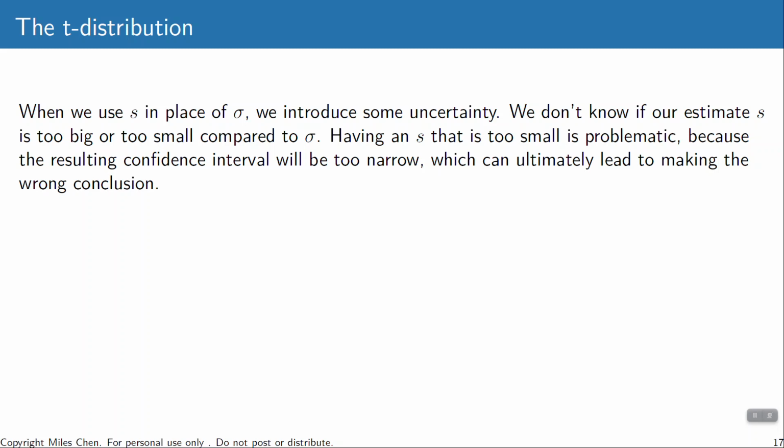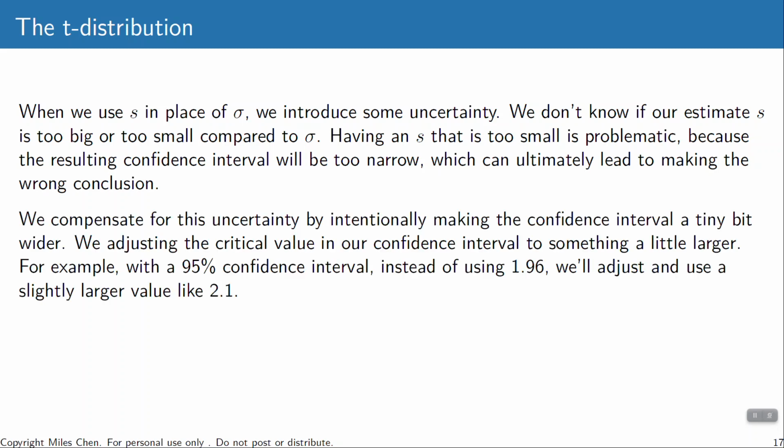Because if a value falls outside of the confidence interval, we say I've got evidence that it's not this value. I feel confident that it's not any of these values outside of the interval. So if you end up with an interval that's too narrow, you're going to be rejecting or throwing away too many values.